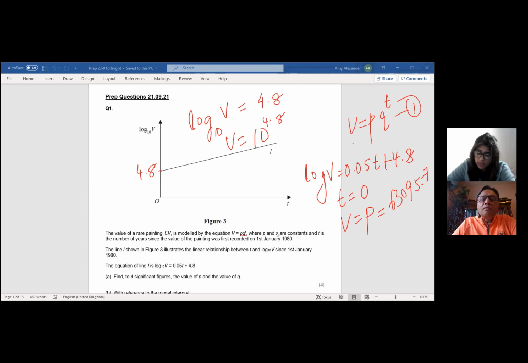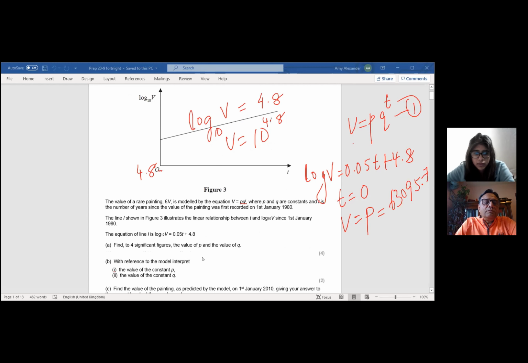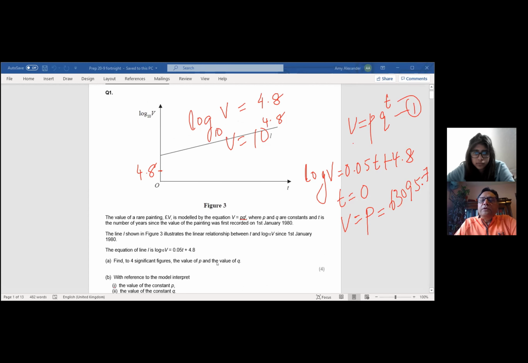Now part B is to find the value of Q, right? We need to find P and Q to four significant figures. Now how will you find the value of Q?